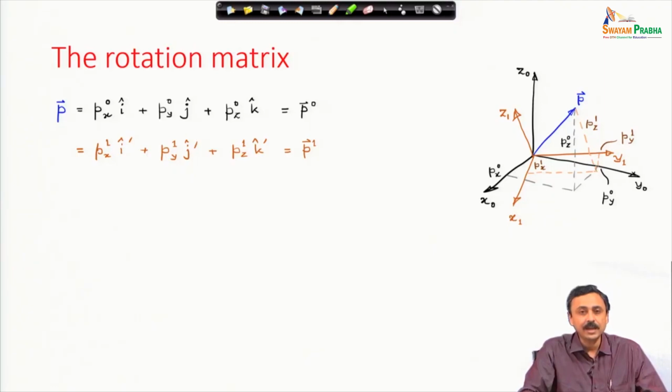Similarly, I can write that same vector p as p x 1 i cap dash plus p y 1 j cap dash plus p z 1 k cap dash. Same vector, but just to distinguish that their representations can be different, I am writing p superscript 1.